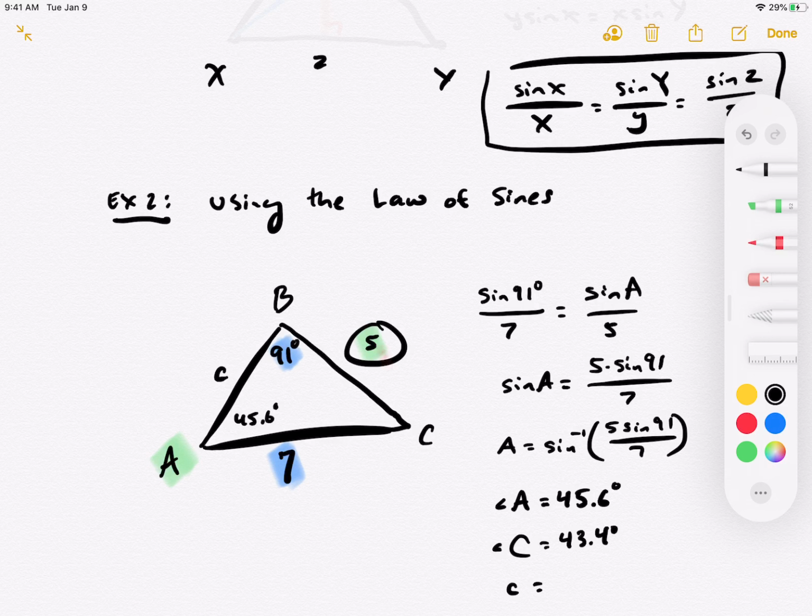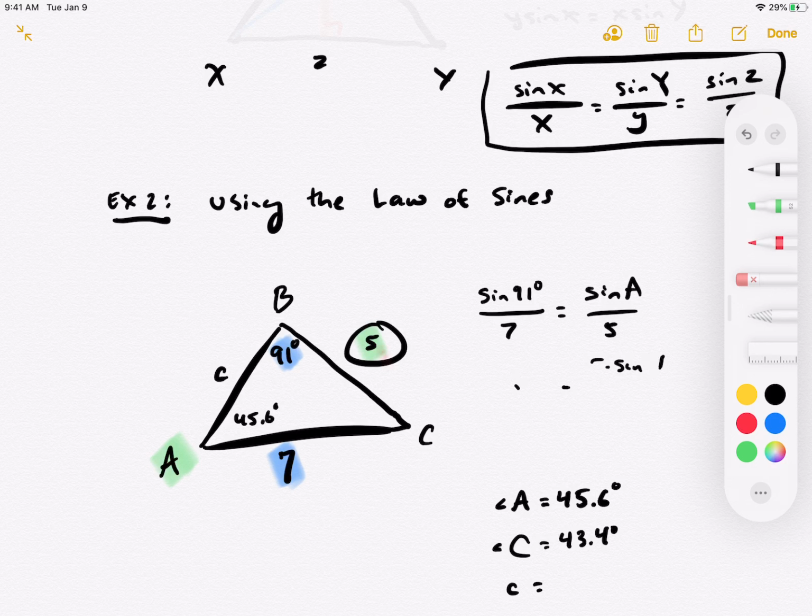I just go back and I use law of sines one more time. So let me just kind of erase my work up here. Give myself a little more room to work. And I would say, okay, sine of 91 over 7, I'd still use that angle side pair. Using the given information is always a nice idea.